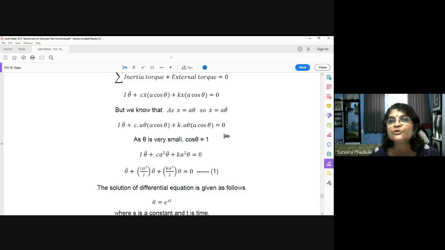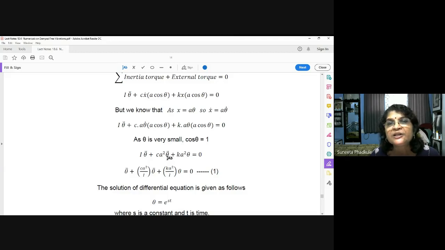But as there is no sine theta term here, cos theta is equal to 1. Putting cos theta equal to 1, what are you getting? I theta double dot, first term as it is. Second term, this is C A theta dot into A, so C A square theta dot. Sorry, it is theta dot.